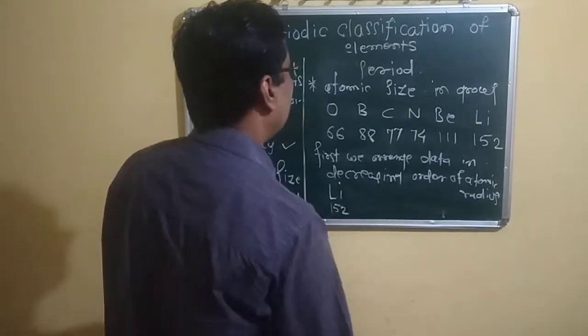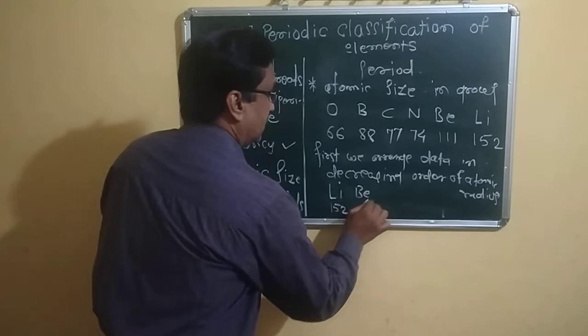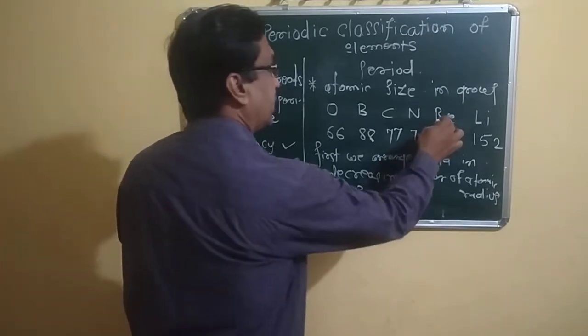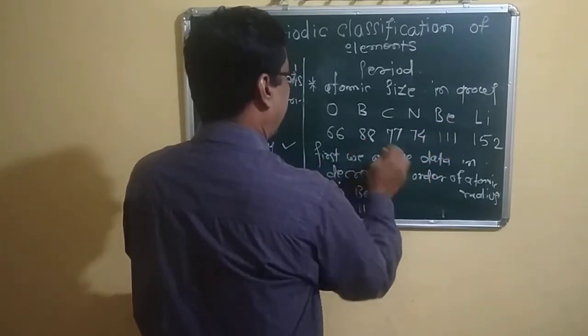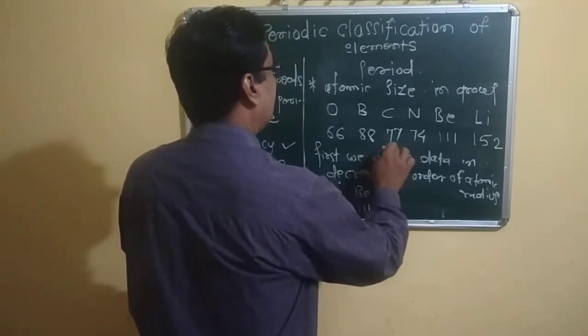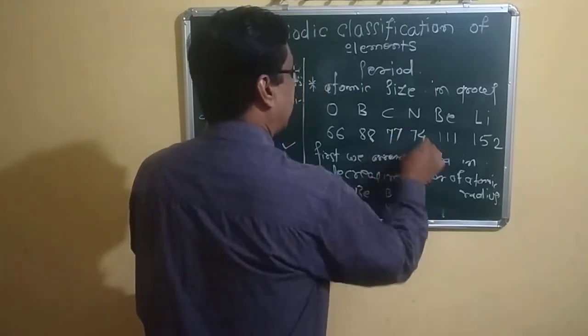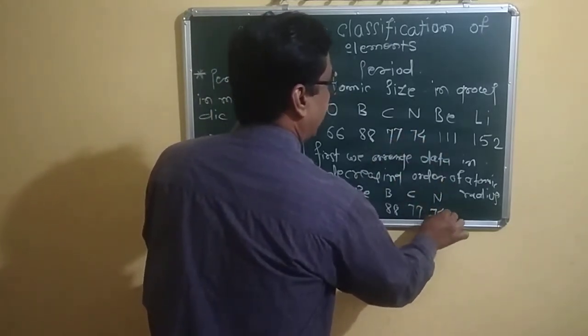After that, what you have to see? Beryllium 111. After that boron 88. After that carbon 77. After that nitrogen 74.